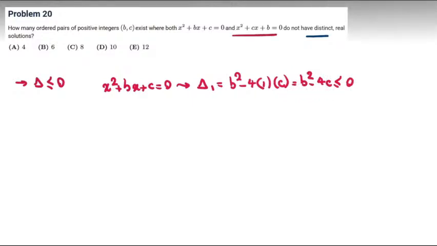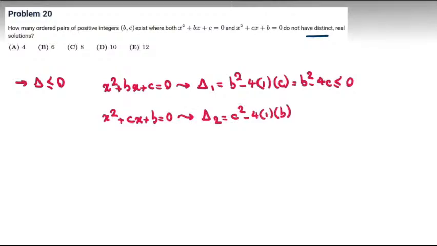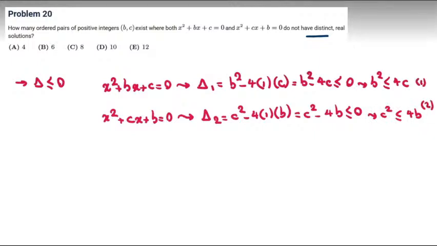For the next one, x squared plus cx plus b equal to 0, delta 2 is c squared minus 4 times 1 times b, which is c squared minus 4b less than or equal to 0. Now from the first one, we conclude b squared is less than or equal to 4c. From this one, c squared is less than or equal to 4b. I call this one 1 and this one 2.